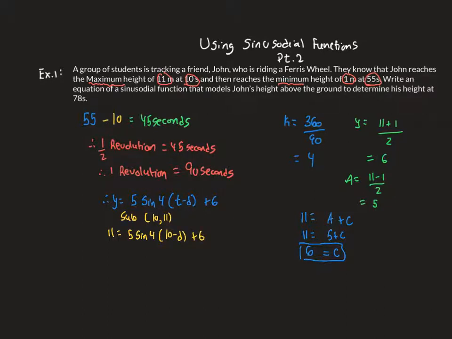Now you guys saw how we did this in the previous video, so it's the same kind of thing. You want to isolate your 10 minus d here, so you want to move the 6 to the other side. You're going to have 11 minus 6, which is going to give you 5. You want to divide both sides by 5, so it's going to give you 1.